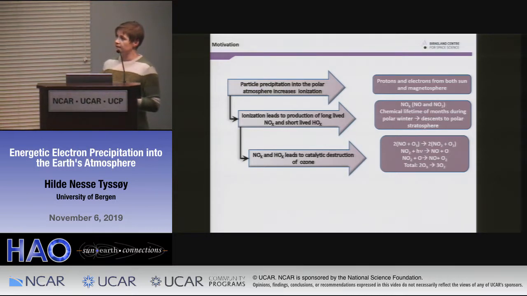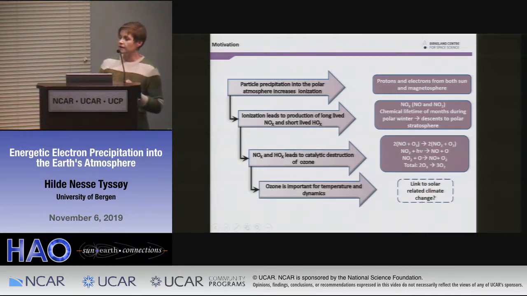Ozone is important for the energy budget in this region. It doesn't necessarily impact the main ozone layer, which protects us from the UV, but in general, since ozone is important for the energy budget, changing ozone will change the temperature, and if you change the temperature, you will change the wind and possibly how waves are being refracted.